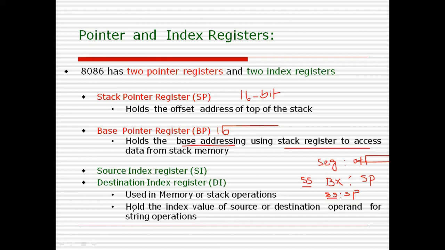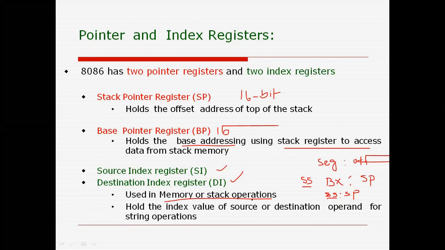And the next two registers are the index registers. Here we have two index registers, source index and destination index. Mainly the index registers are used for memory as well as stack operations.